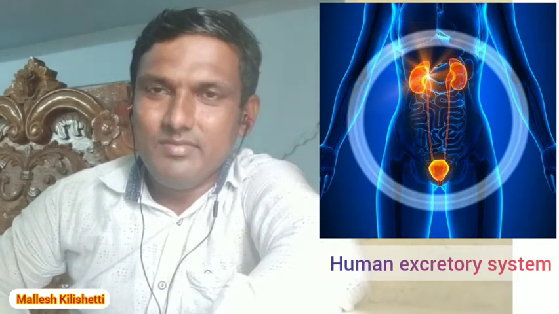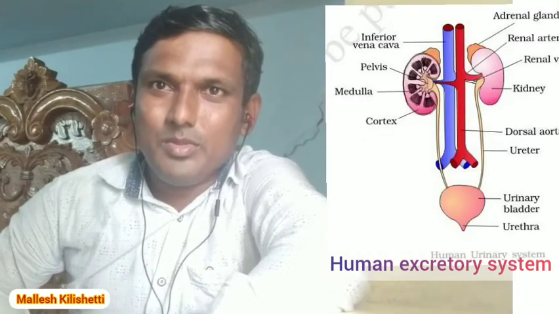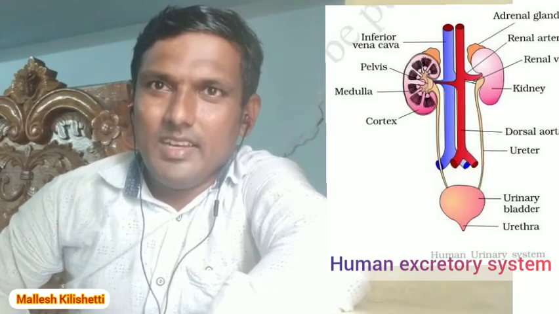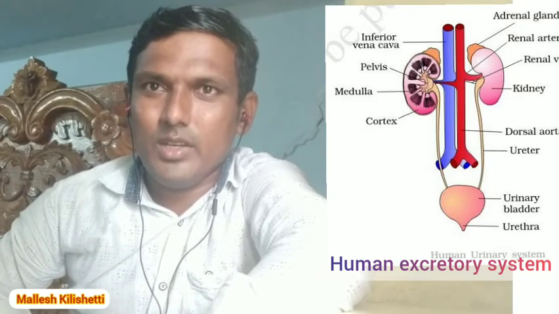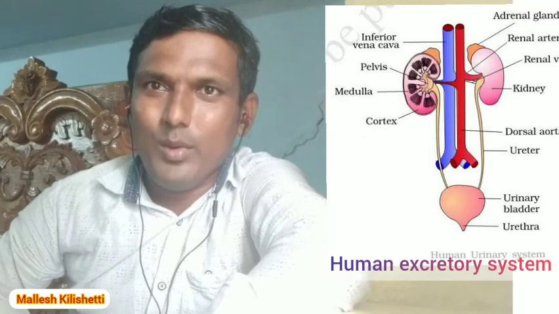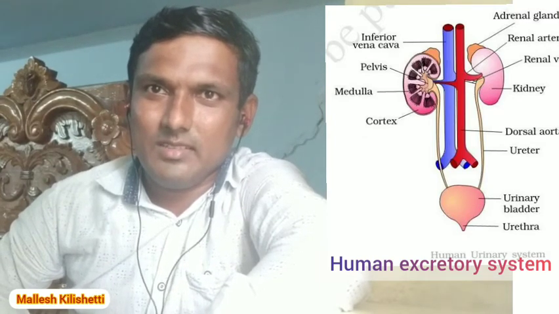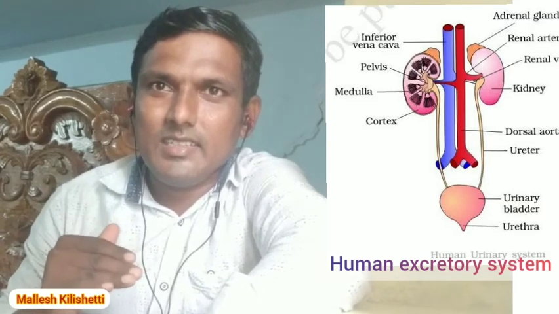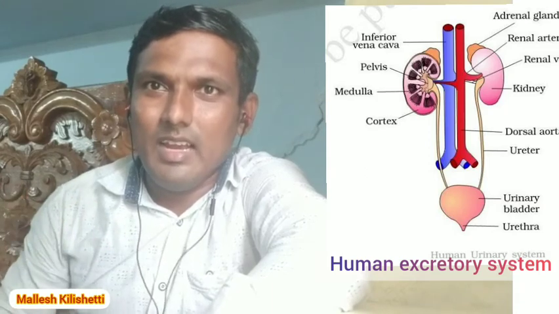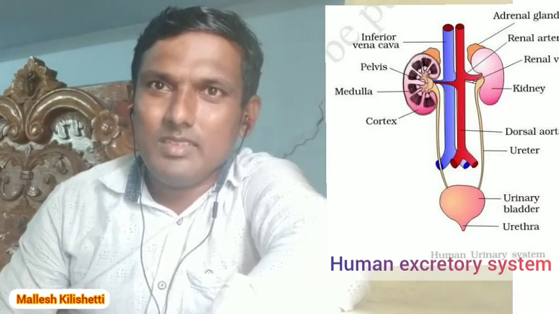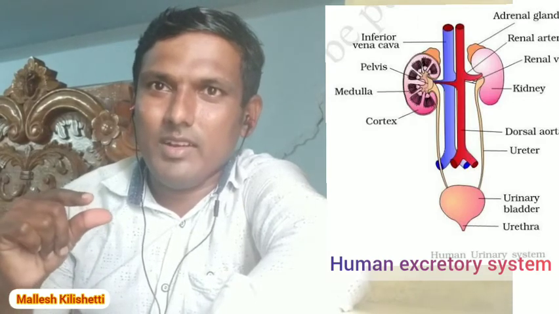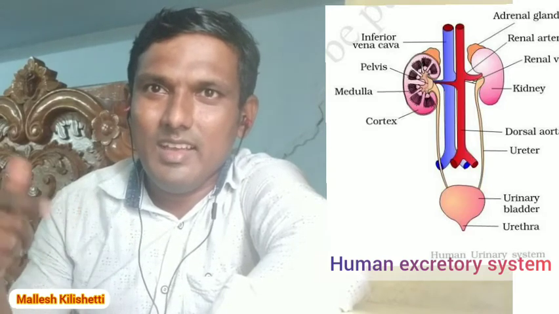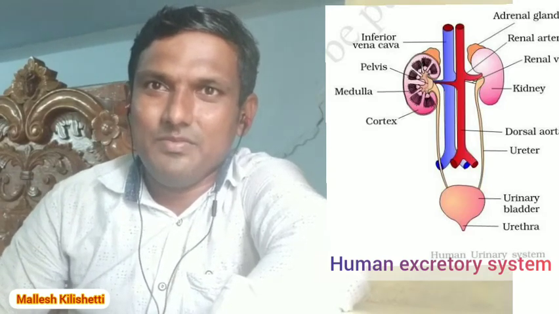The kidney is a pear-shaped structure, reddish brown in color, about 10 centimeters in length, 5 to 6 centimeters in breadth, and 4 centimeters in thickness. The right kidney is slightly lower than the left kidney, because the liver, a gland, lies above the right kidney.